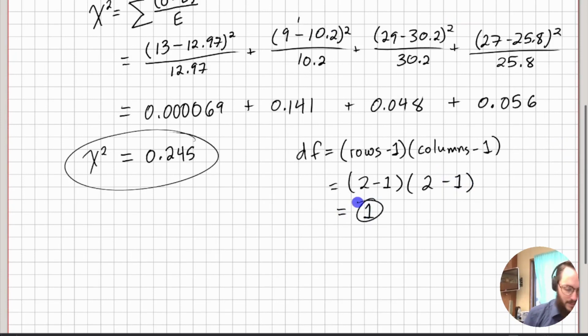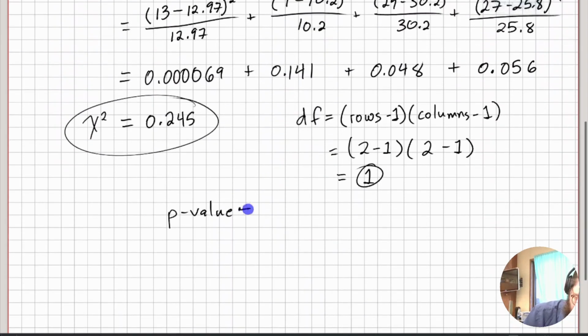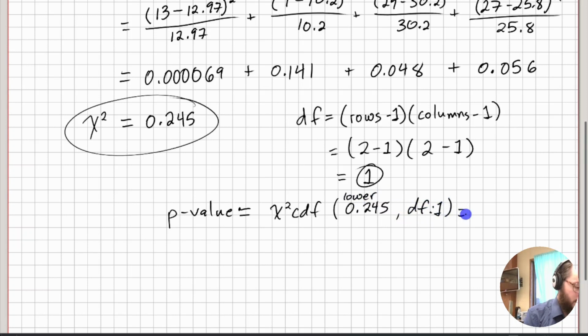Whoop-de-doo. Then we can get our p-value real quick. That's going to be chi-square CDF, where we put in our value 0.245 as the lower, and then degrees of freedom as 1. So we go to distributions. I'm not showing that on the overhead because you can check out the other videos.